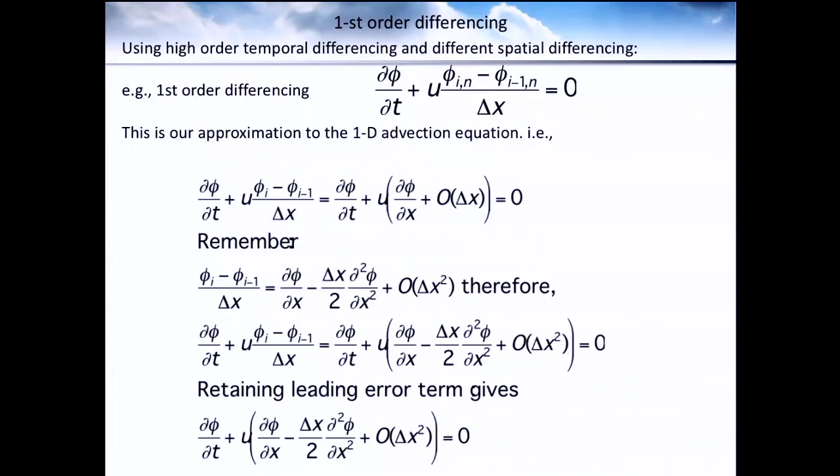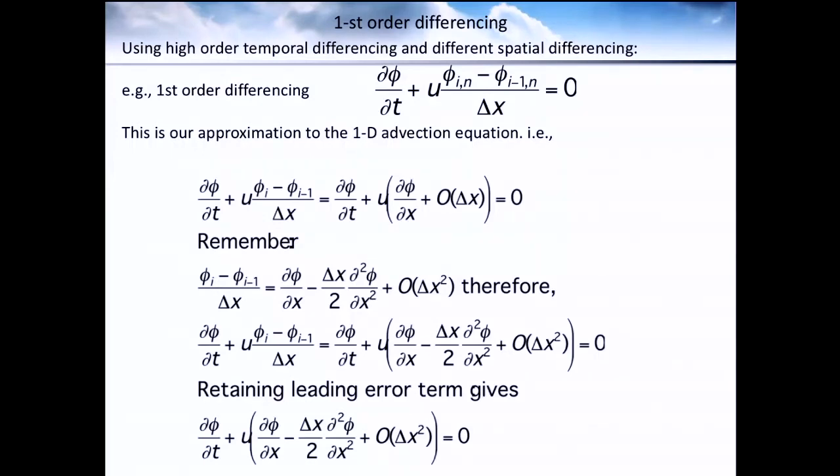So this is the equation we've used to approximate our solution to the 1D advection equation. And this is equivalent to u times d phi dx plus order delta x. So the leading order error term is order delta x. I said remember this, but I'll prove this to you.